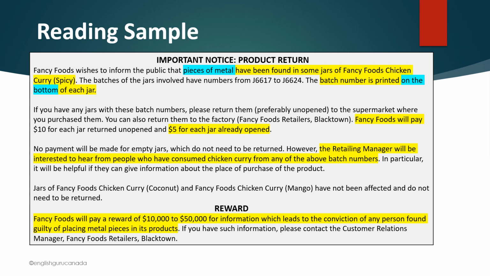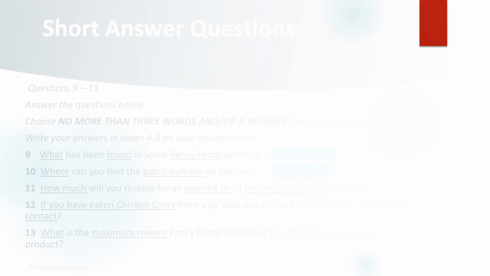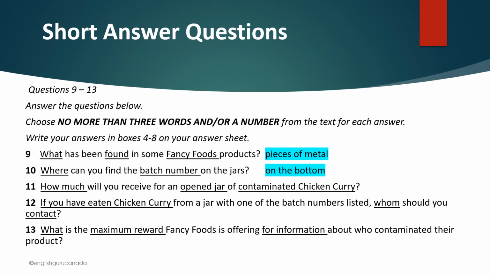So I know where, and that is on the bottom. So that is my answer to the second question. So I'll write on the bottom for question 10. Now I can also write the bottom. If I don't put on, that would still be correct, and I would still be within the word limit.